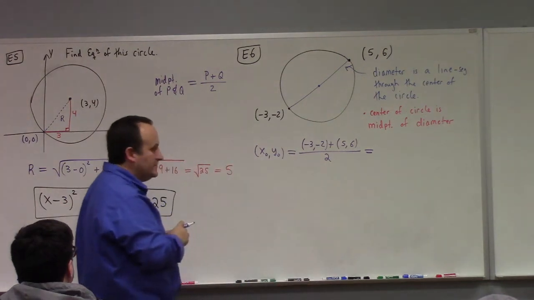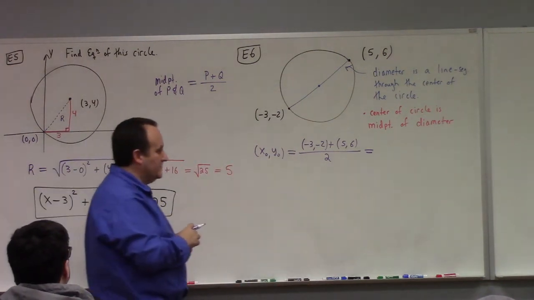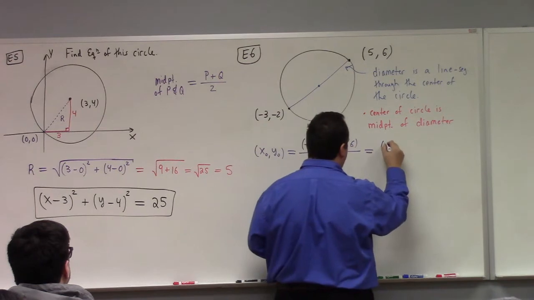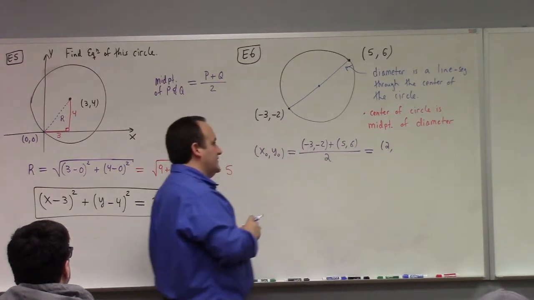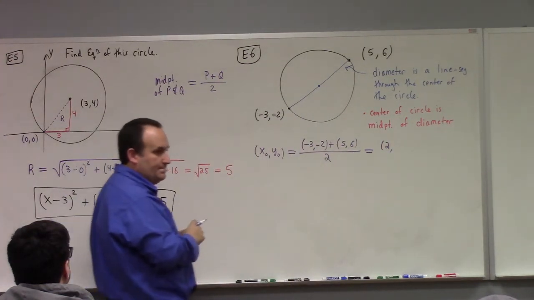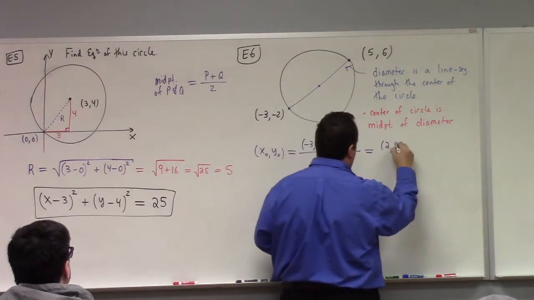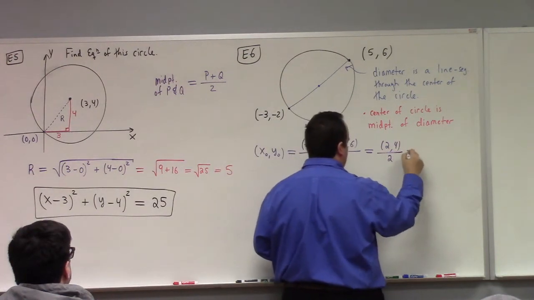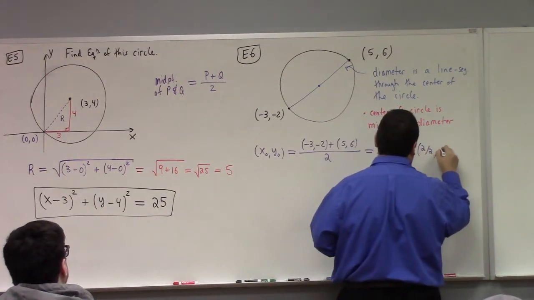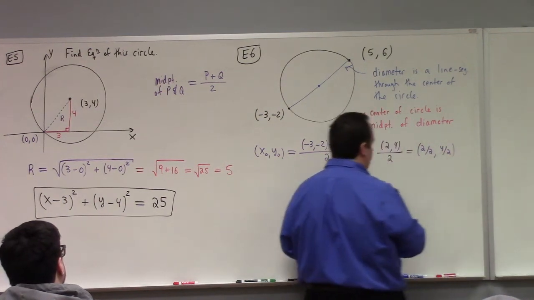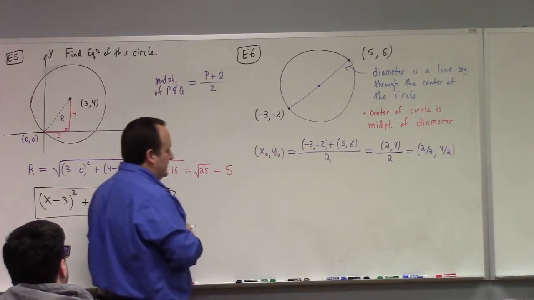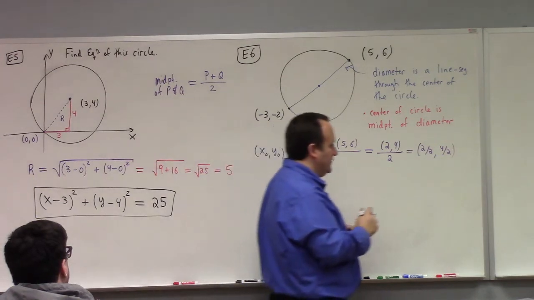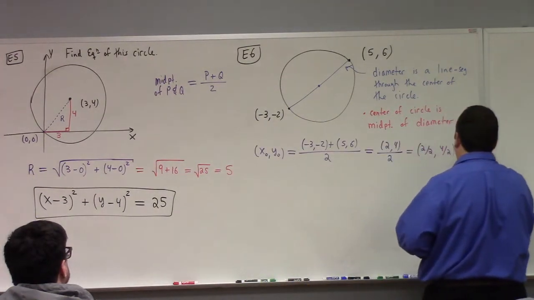When I add 5 and -3, I get 2. If I add -2 and 6, I get 4. I've got to divide that all by 2, so 2 over 2, comma 4 over 2. That's how we divide a point. That gives me 1, 2.